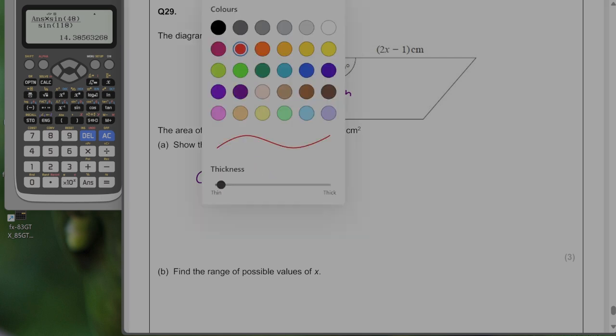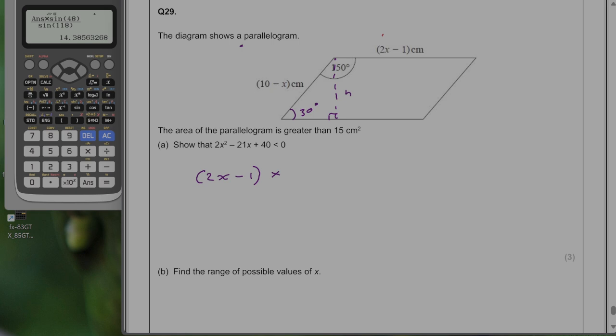let's change pen just because we're changing topics slightly. This is going to be the hypotenuse, and then this would be the opposite. So we're using the sine ratio, SOH. The side we're trying to work out is O, so it's going to be S times H. So that means that we're looking at 10 minus x times by sine of 30, which is going to give us a half.